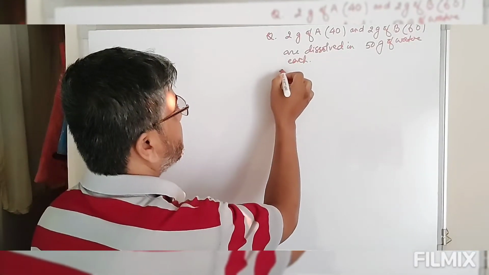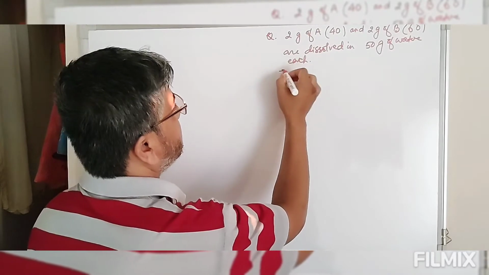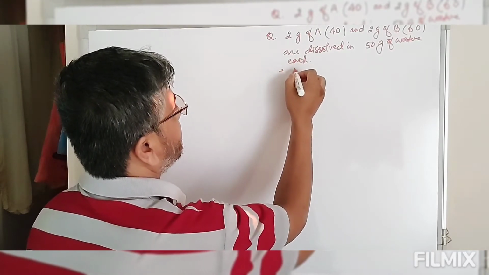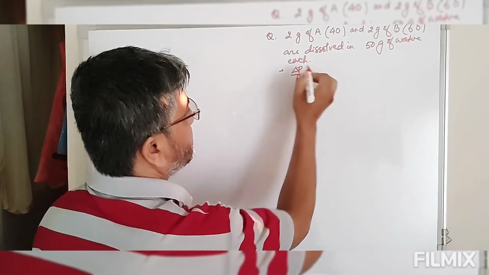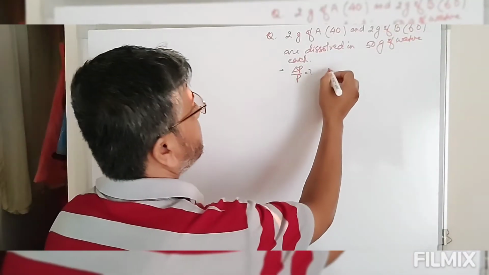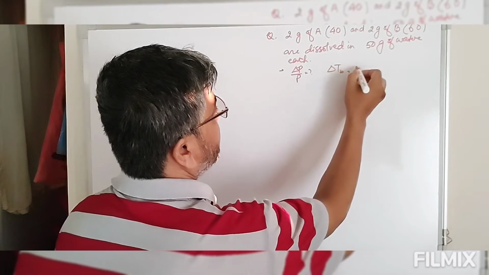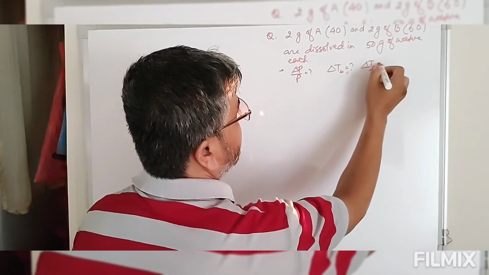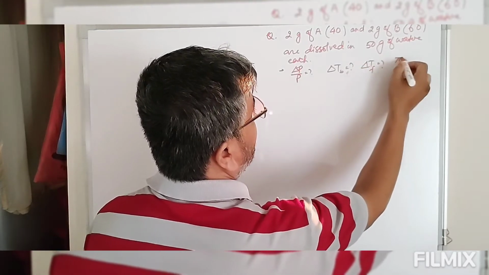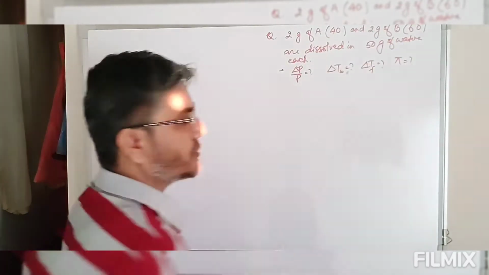So the question says relative lowering of vapor pressure, delta TB, delta TF, and osmotic pressure.